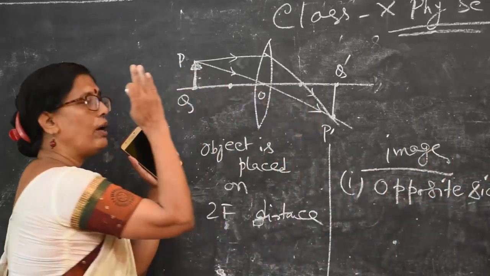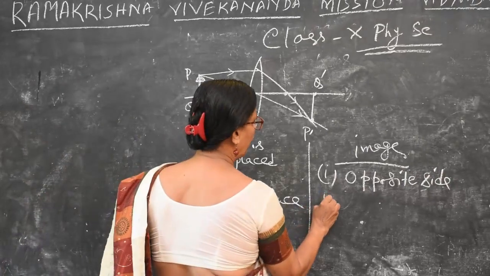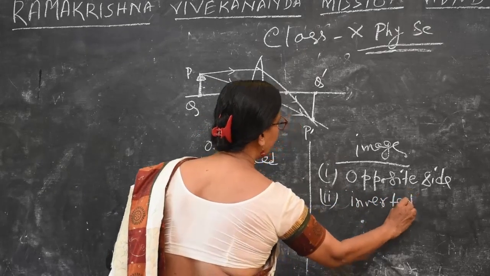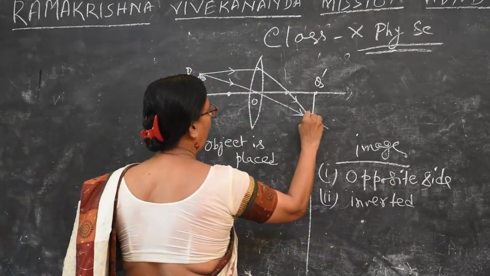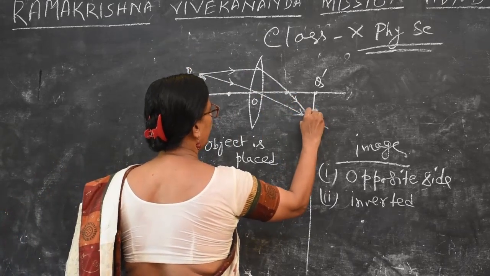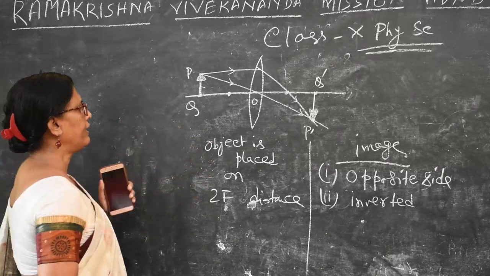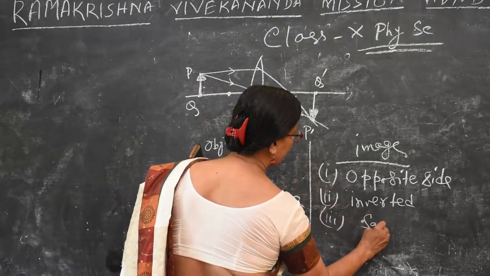Opposite side means with respect to the lens it is on the opposite side. Number two, it is inverted. Inverted means with respect to the object it is inverted. P is vertically up and the image is vertically down. See that the size is more or less the same. So it is the same size.